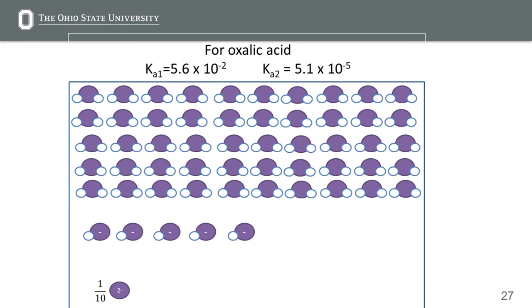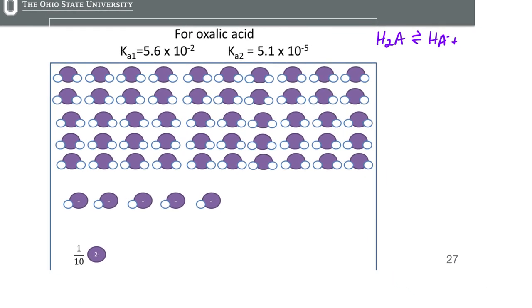It has two K values associated with it. The first one is for losing that first proton. If we write it out in general, we'll have H2A forming HA minus plus H plus.